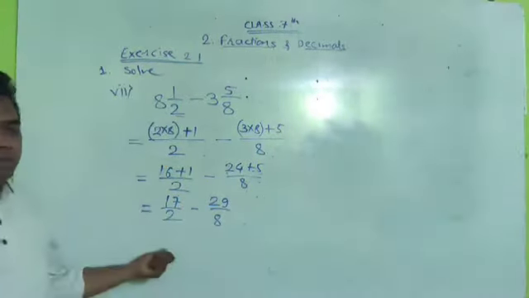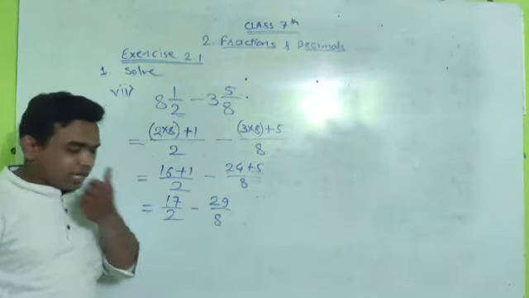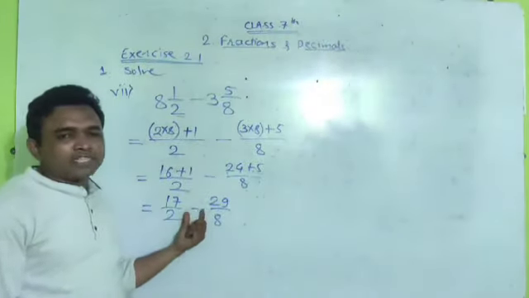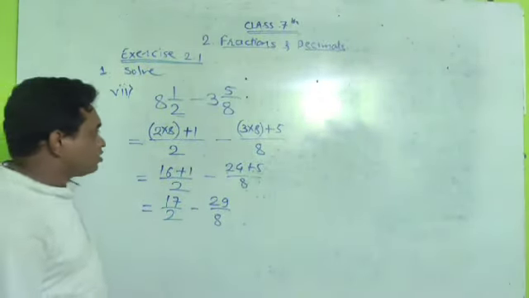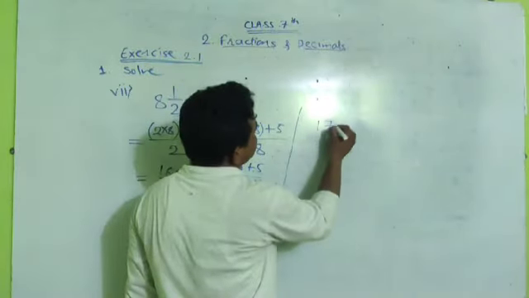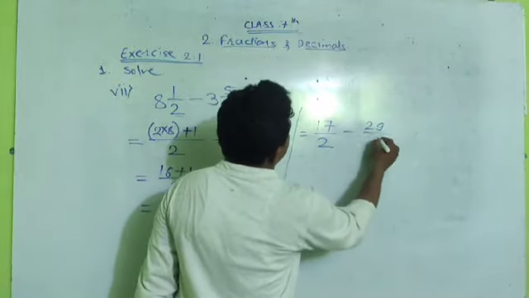So these are the simple fractions: 17 by 2 minus 29 upon 8. Again, these are two fractions and there is a subtraction operation. Okay students, so now I am writing here for your understanding 17 by 2 minus 29 upon 8.